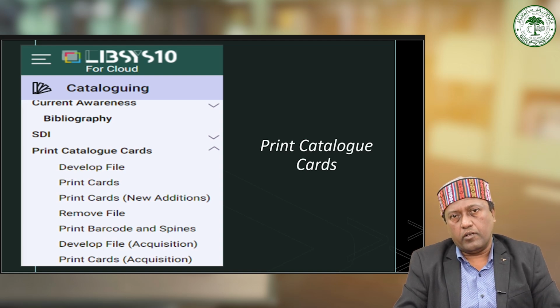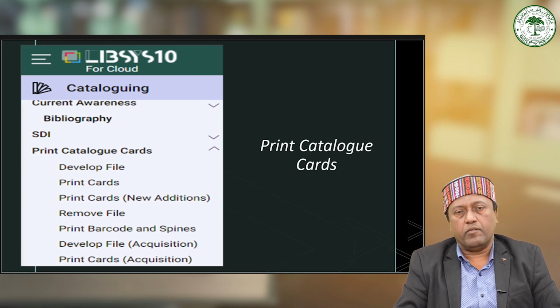Suppose in your circulation you are using barcodes, so the barcode you have to generate for every document. Even barcodes for the spine can be generated. When you generate for a document and for a spine, accordingly the size will be reduced, and these barcodes will be useful for the retrieval of the documents.